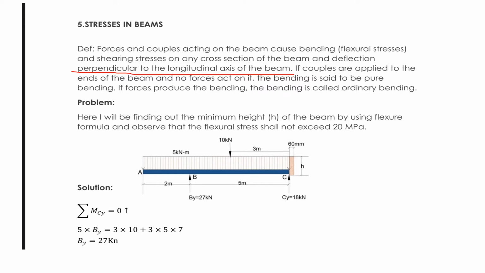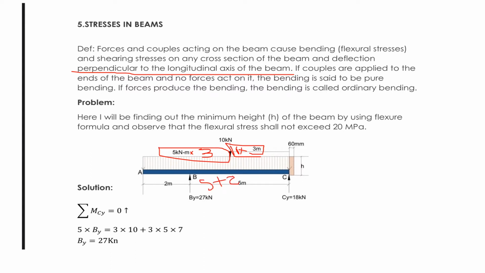We are going to find it, about 27, 5 times length 5 times By, equal to 3, length of 3 times 10, going counterclockwise. Negative, should be negative 3 times 5. Computing this, the length is 7, so 27 kilonewton.